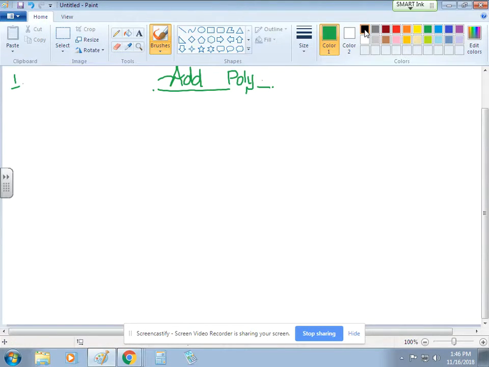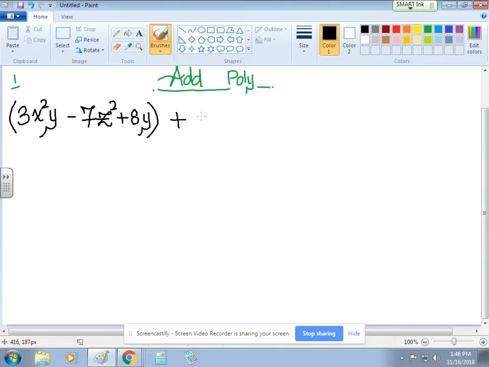Basically, the questions in adding polynomials level 2 type questions will be, let us say you have 3x squared y minus 7z squared plus 8y, and you will have to add it to negative 11z squared plus 4y minus 7y cubed.